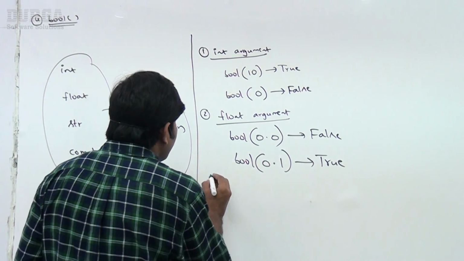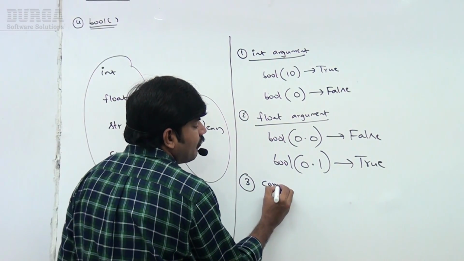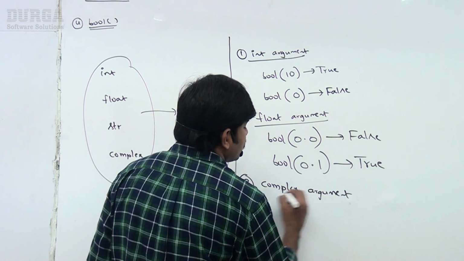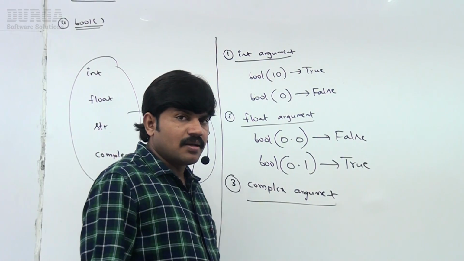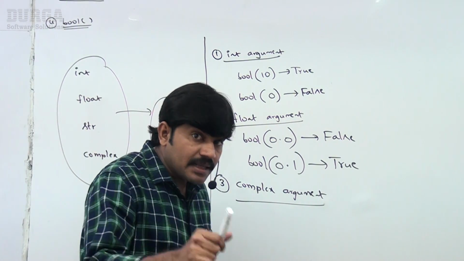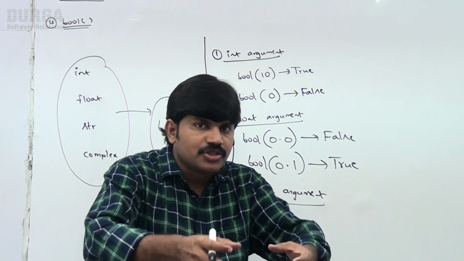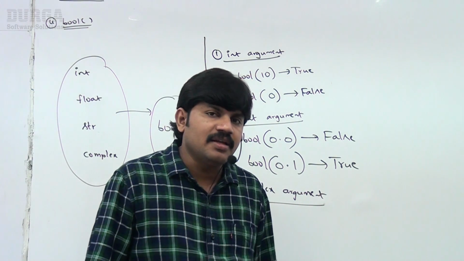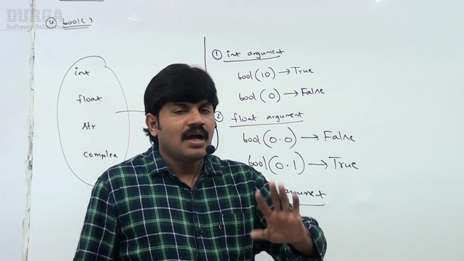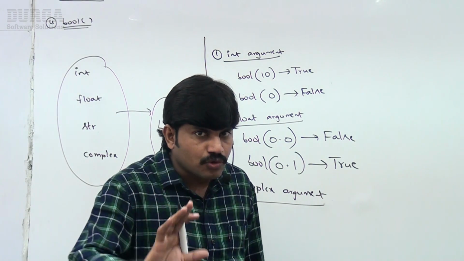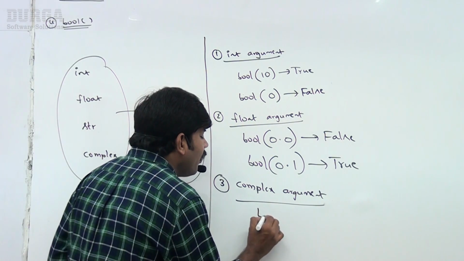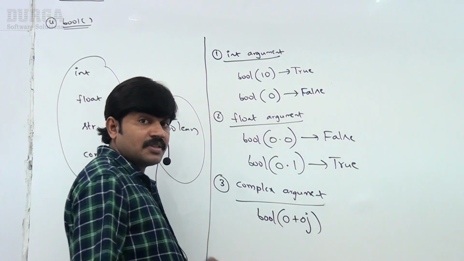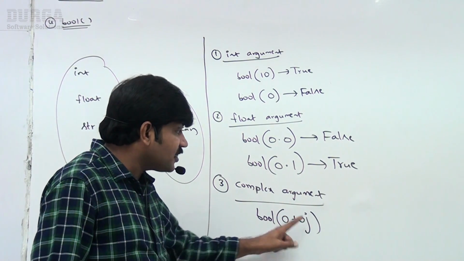Sir, next, the complex number argument. If you pass a complex argument, it is simple. If both the real part and the imaginary part are 0, then it is considered false, otherwise it is treated as true. Bool of 0 plus 0j.